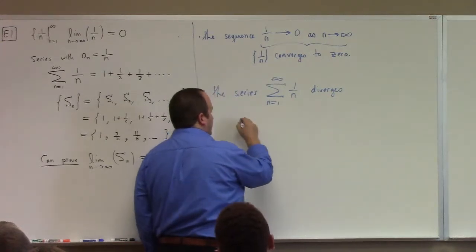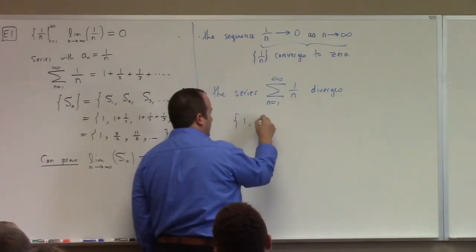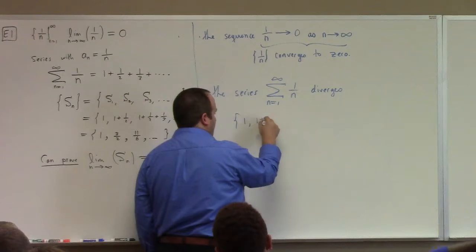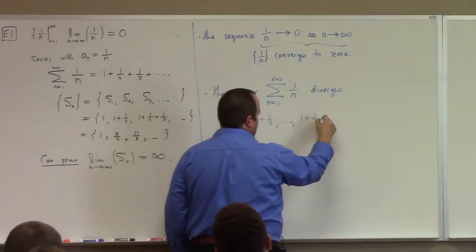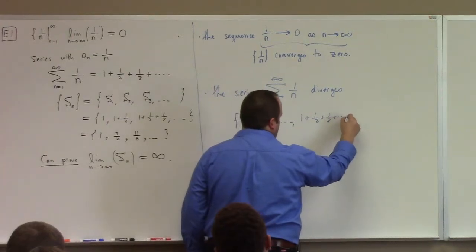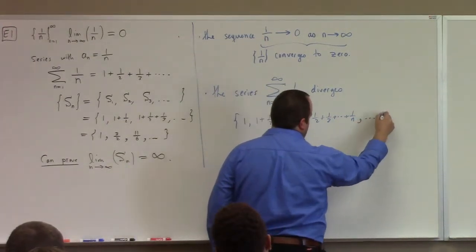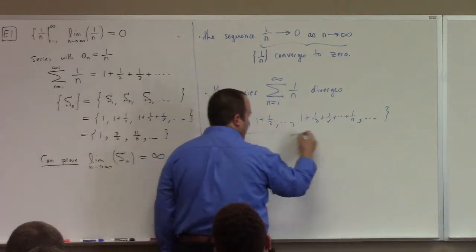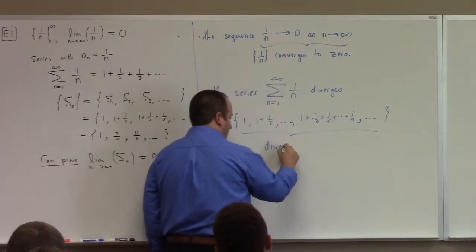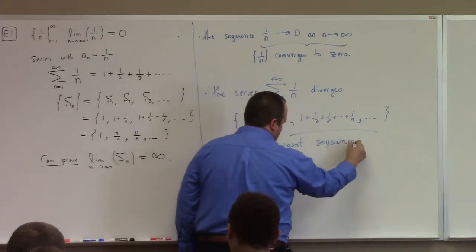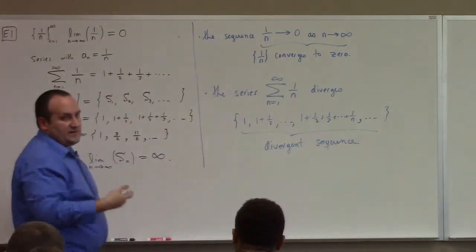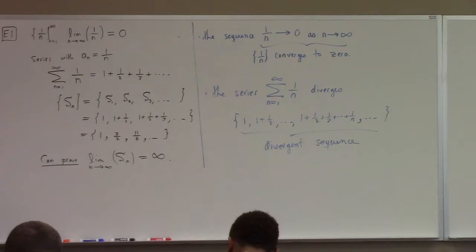The sequence which diverges is this one: 1, 1 plus a half, 1 plus a half plus a third, plus ... plus 1 over n, and so on. This is the divergent sequence. This divergent sequence is the sequence of partial sums for the 1 over n series that diverges.